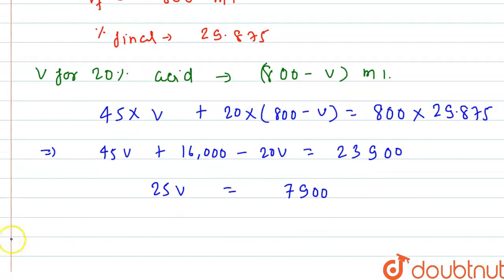On solving, we get V as 316 milliliters.